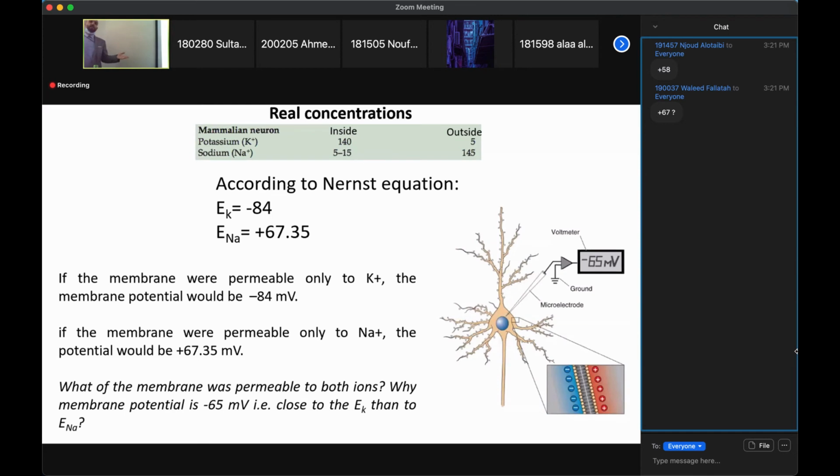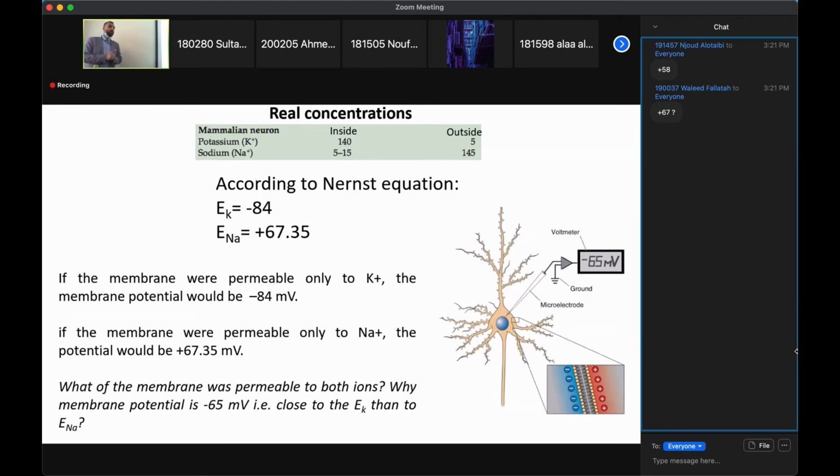But what if it was permeable to both, but highly permeable to sodium? What do you think the resting membrane potential will roughly be around? More positive, very good, closer to the equilibrium potential for sodium. If it was highly permeable to potassium, where would it be?